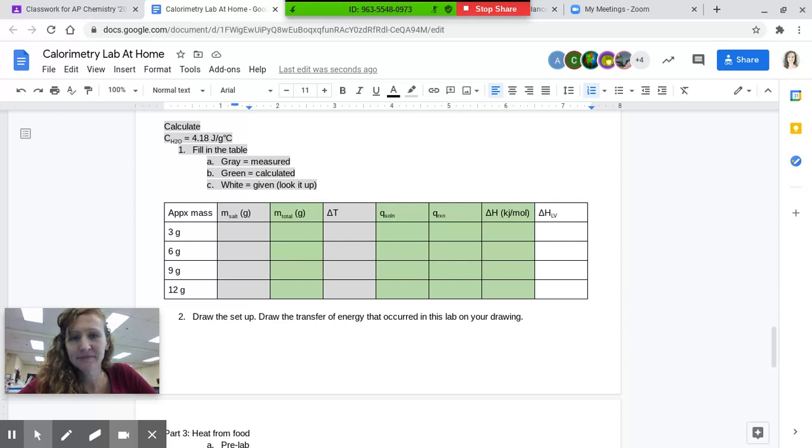It's a comparison from what you got to what is generally accepted. So it's a generally accepted delta H. And by looking that up, which I can give to you next class, because I might have to look it up in the Merck Index, which is not online, it's basically showing us how close we are.